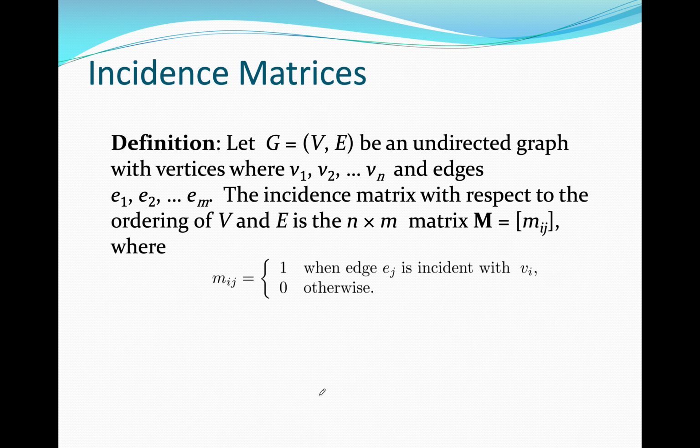Same as before. This is what we call incidence matrices. Let G equal to (V, E) be an undirected graph with vertices V1, V2, ..., Vn and edges E1, E2 until Em. The incidence matrix with respect to the ordering of V and E is the n by m matrix M equal to [Mij], where Mij equals 1 when edge Ej is incident with Vi, and 0 otherwise.